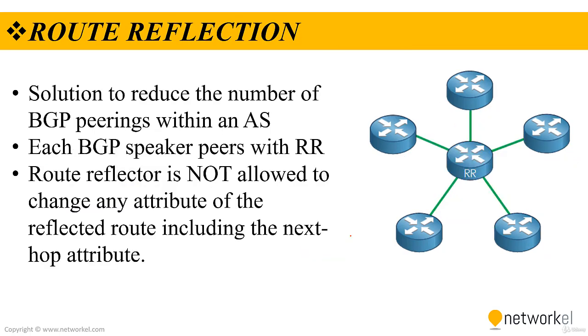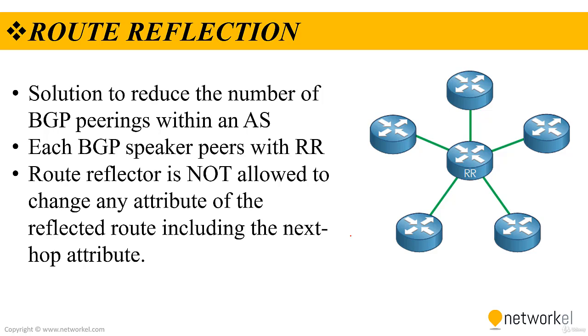So one solution to reduce the number of BGP peerings within an AS is route reflection. Rather than each BGP system having to peer with every other BGP system within the autonomous system, each BGP speaker instead peers with a route reflector.